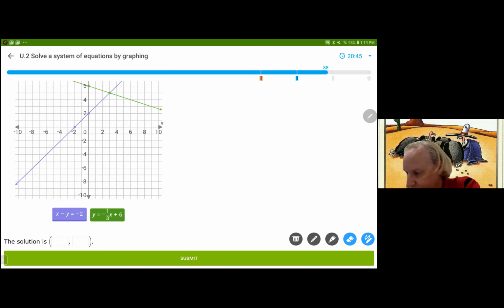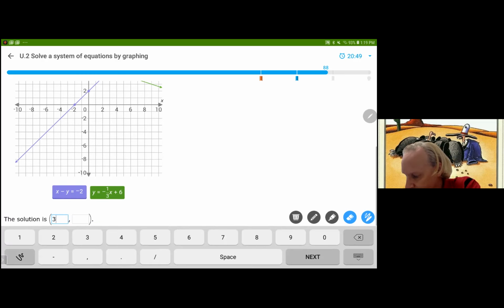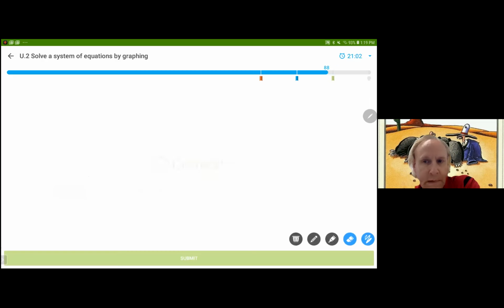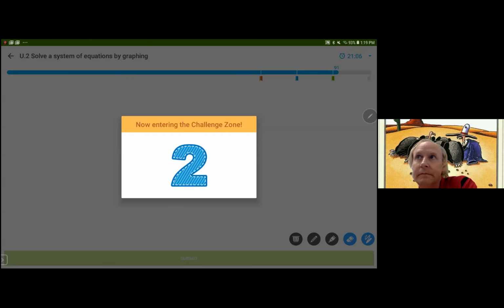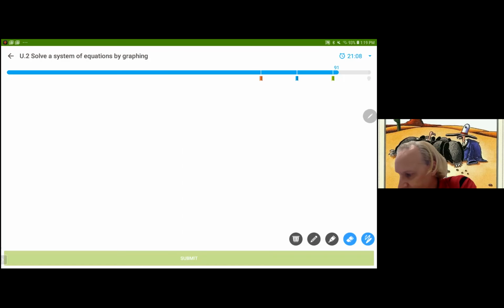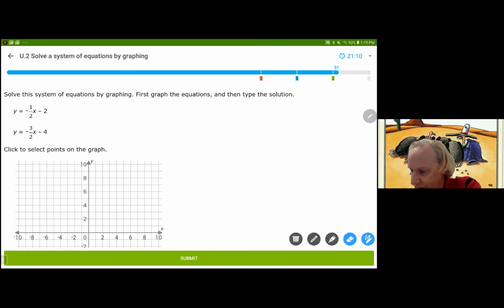And there's my point at 3, 5, it looks like. And sure enough, 3 minus 5 is -2. And 3 times -1/3 does give me -1 plus 6, which is 5. Okay. Probably have to do at least 5 of these, hopefully fewer than that, but you never know.